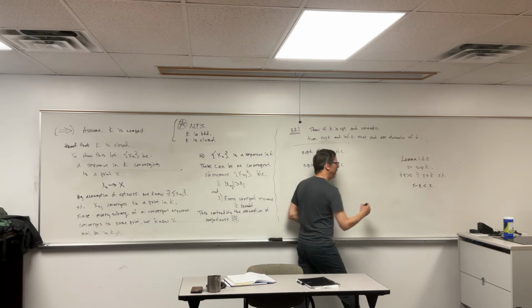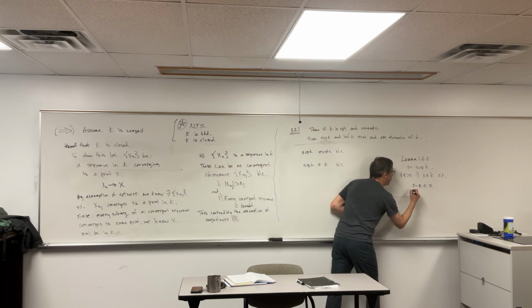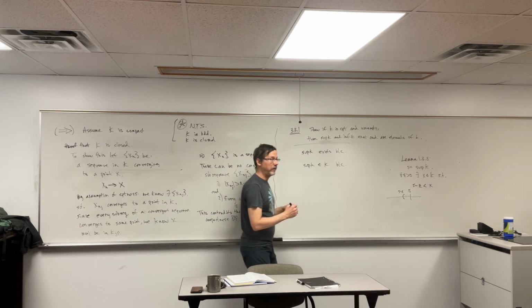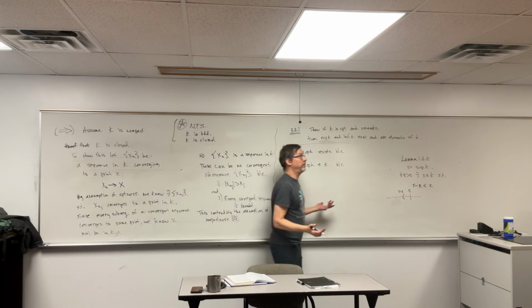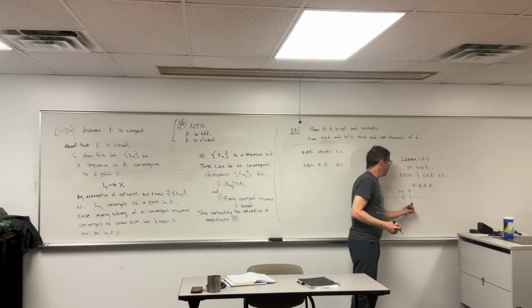Yeah, exactly. If this is my sup and I go a little bit to the left, I can always find some element of the set inside there, because if I couldn't, then this isn't even an upper bound on the set.